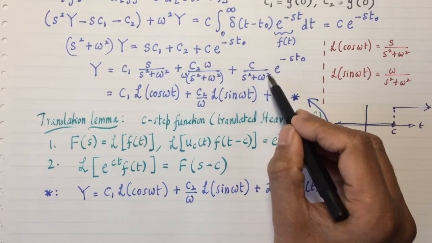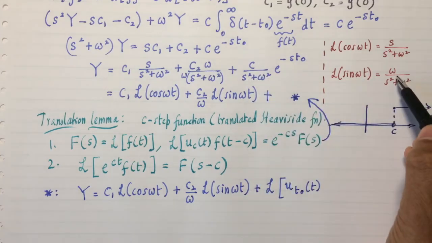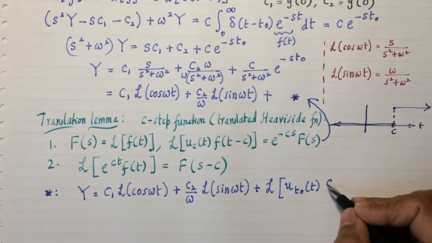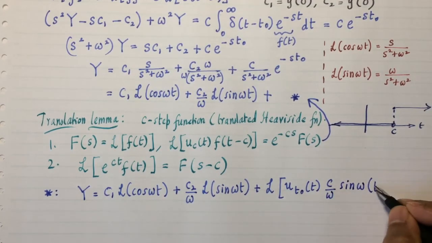Now the Laplace transform of c over s squared plus omega squared is sine related, so it's c over omega sine omega (t minus t naught).